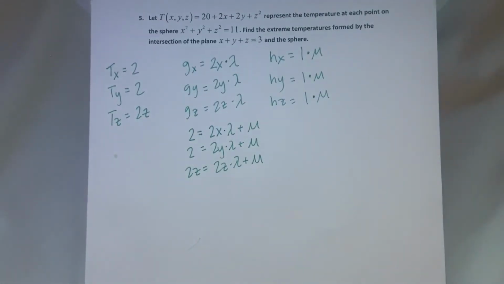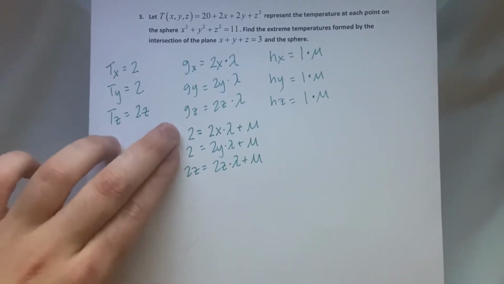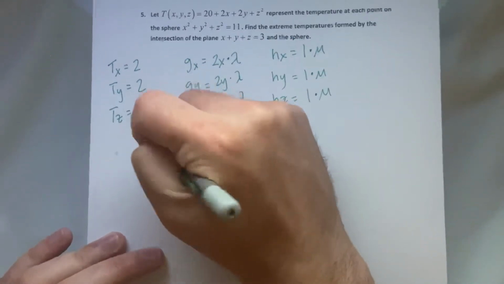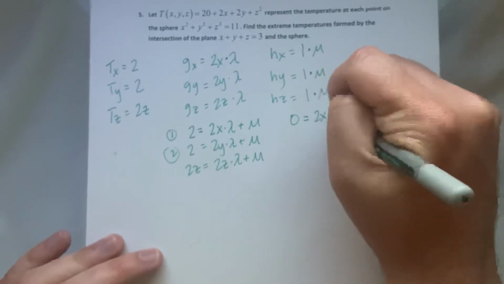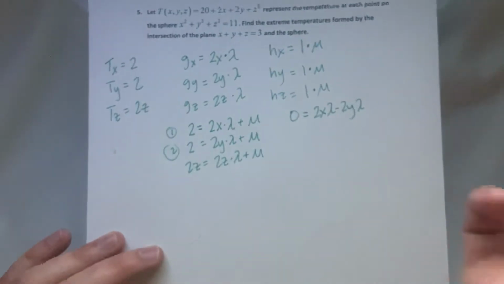One of the things we like to do in systems of equations, if we can, is eliminate a variable. So what do you notice happens if I subtract the first 2 equations? 2 minus 2 is 0, so we get 2x lambda minus 2y lambda, mu minus mu, still 0.